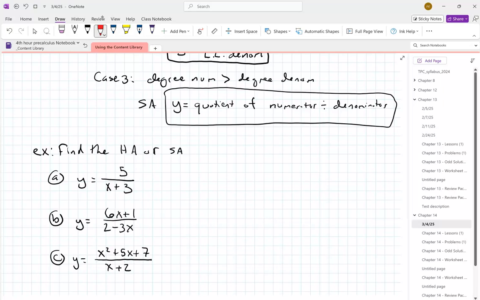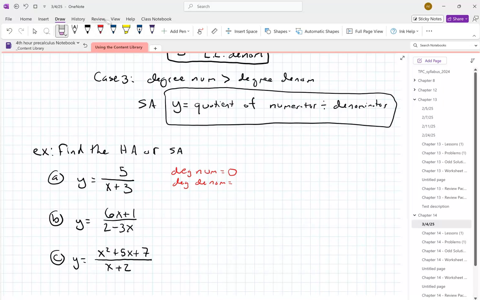Okay, so here again we have 3 examples. So the first thing I want to do is look at the degrees. So for A, 5 over x plus 3, the degree of the numerator is, it's not 1. 0. Why is it 0? Because there's no x term there. It's x to the 0, because x to the 0 is just 1, right?